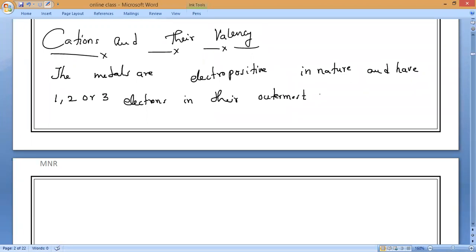Valence shell, sir. Valence shell or outermost shell, right? Valence shell or outermost shell. Due to electropositive nature.